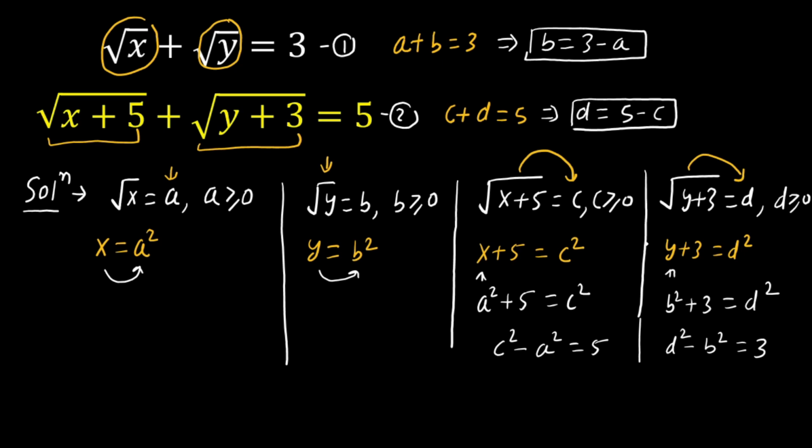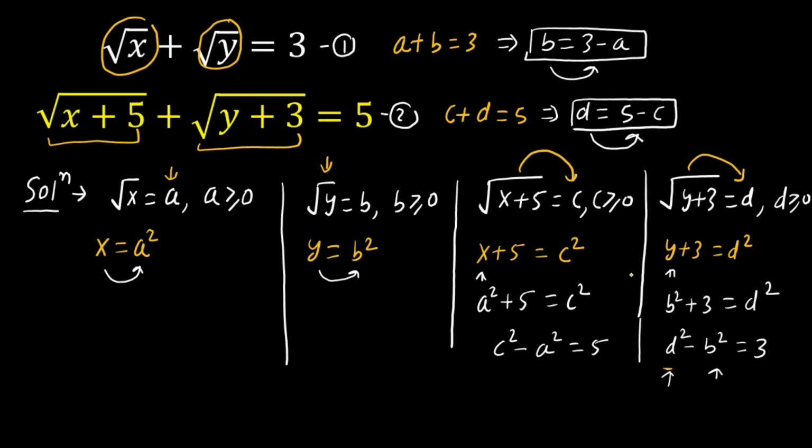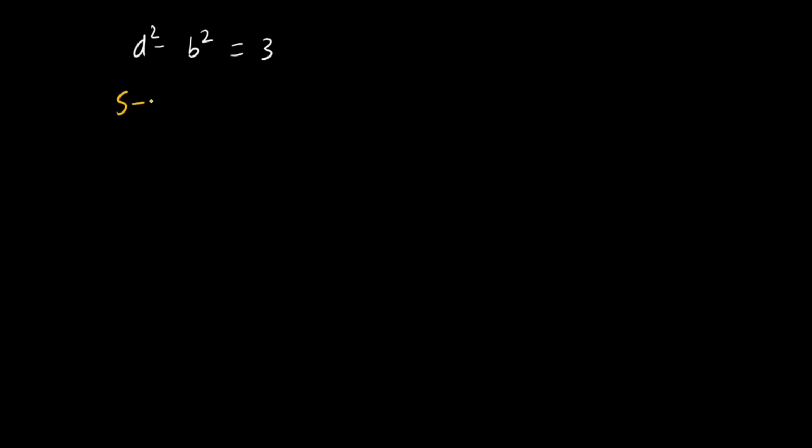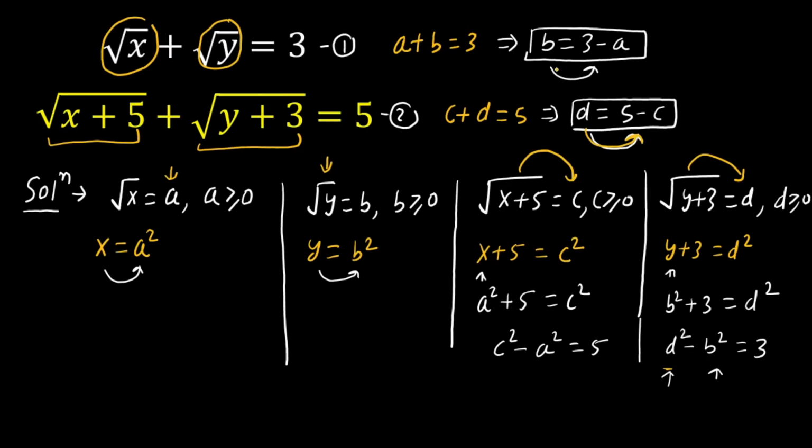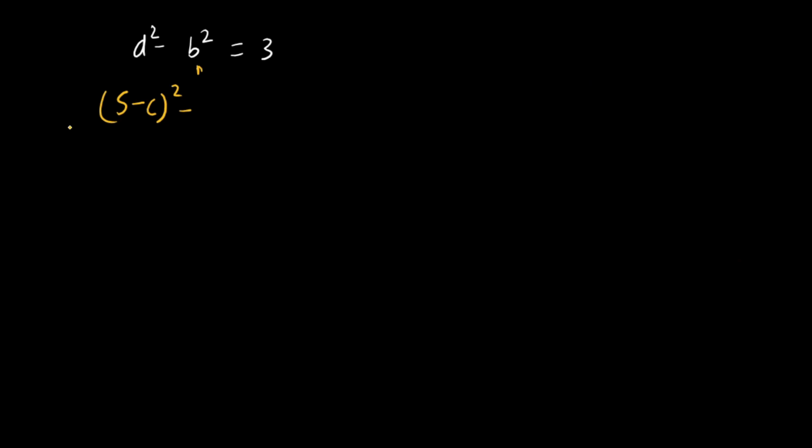Now d is replaced by 5 minus c and b is replaced by 3 minus a in d square minus b square equals 3. Then (5 minus c) whole square minus (3 minus a) whole square equals 3.